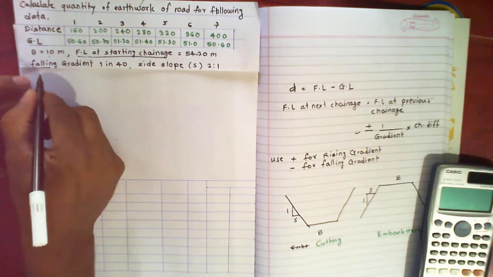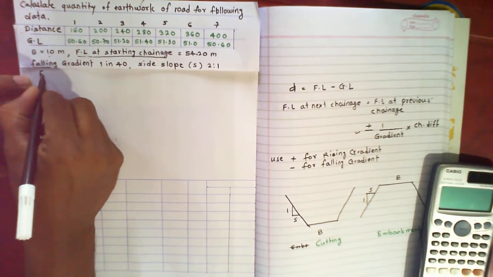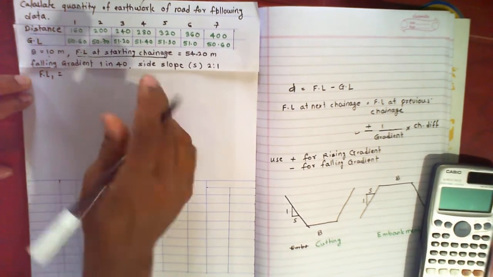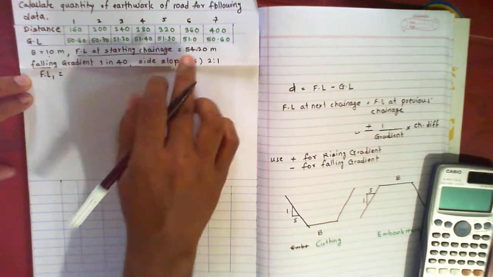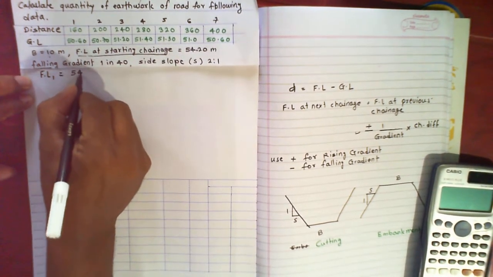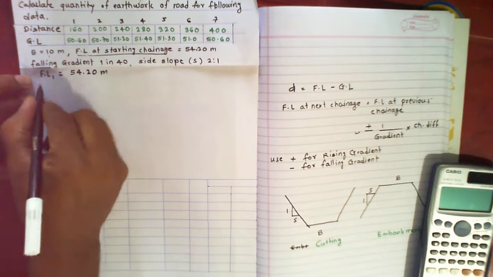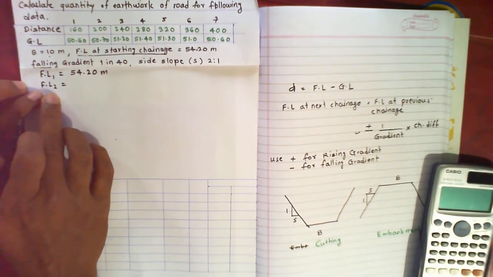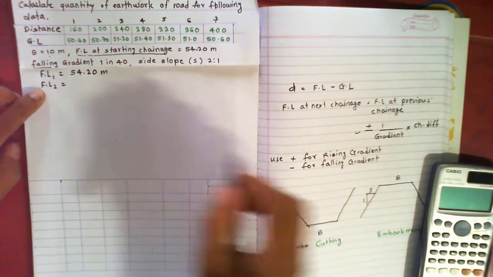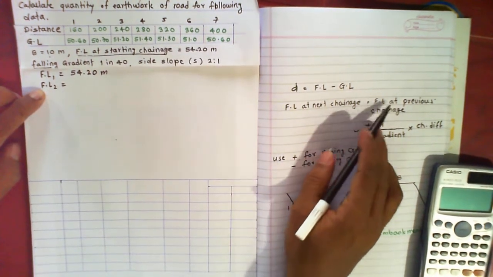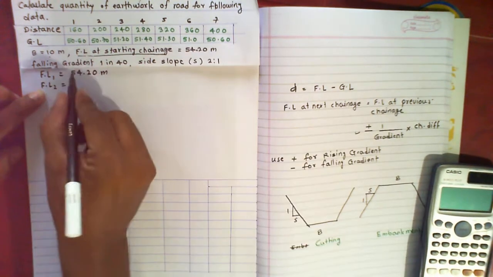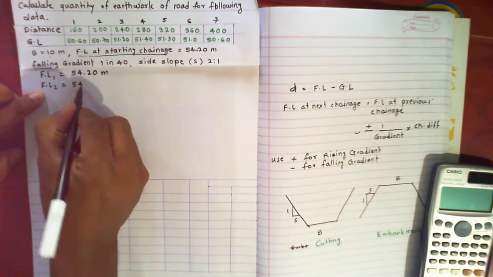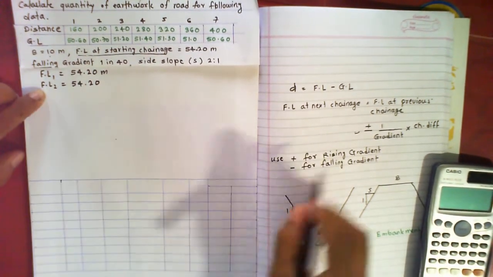So FL1 is directly given. FL1 is 54.20 meter. Then FL2 means it is the next chainage. So FL at next chainage is equal to FL at previous chainage, that is 54.20.